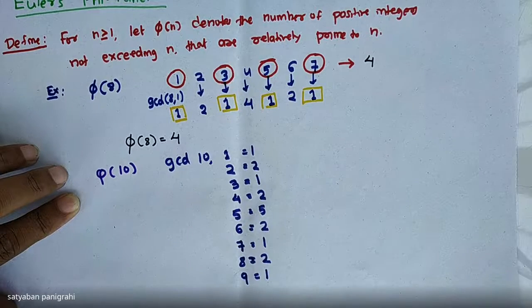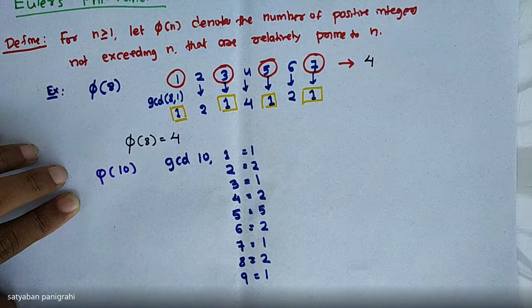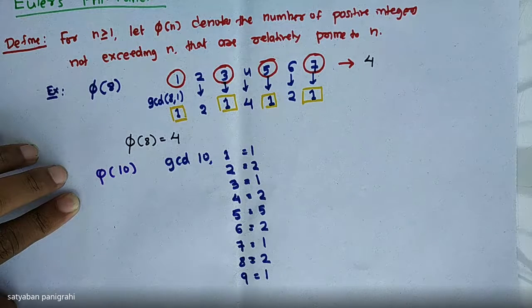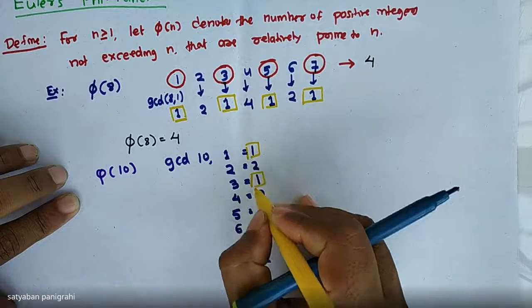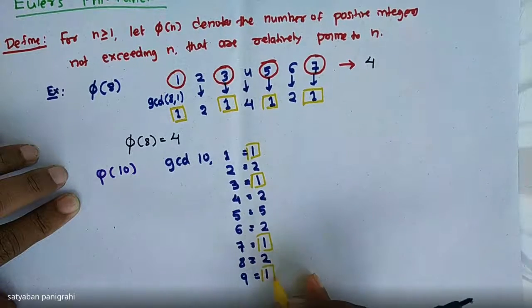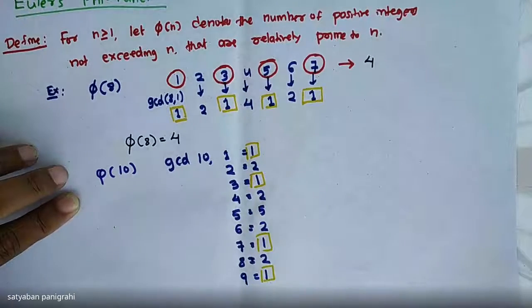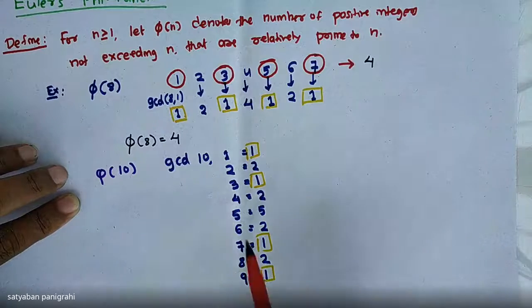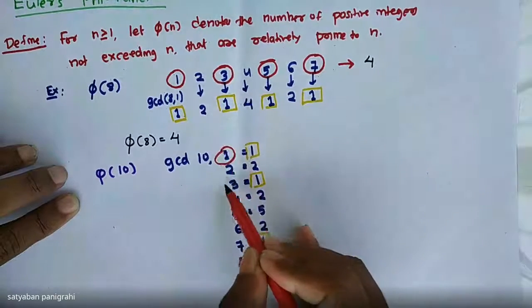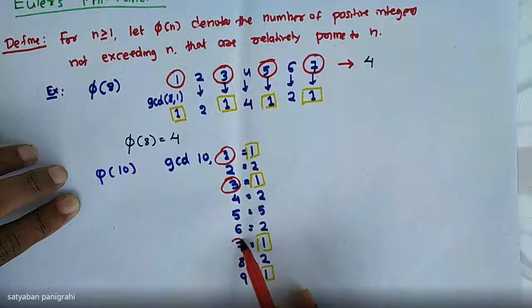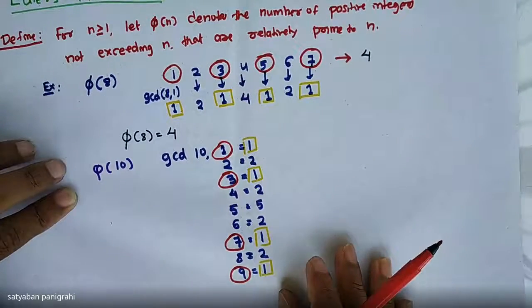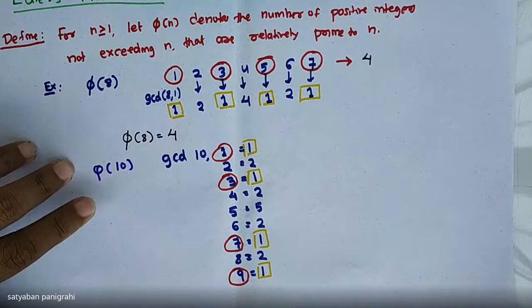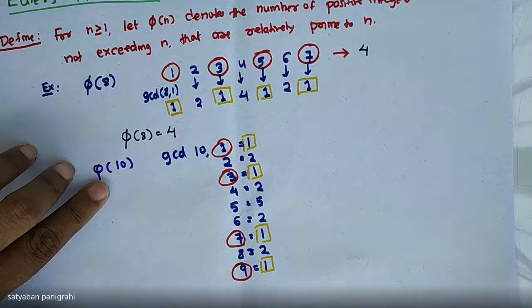That means after computing GCD, we can say which numbers are relatively prime. Here 1, here 1, here 1, and here 1. So the numbers 1, 3, 7, and 9. These 4 numbers are relatively prime to 10.